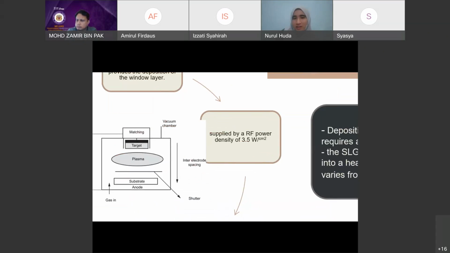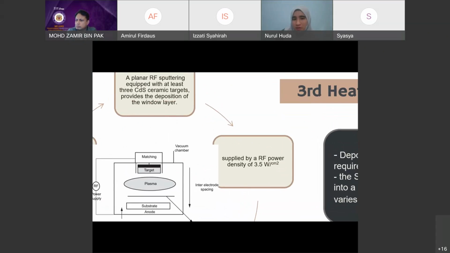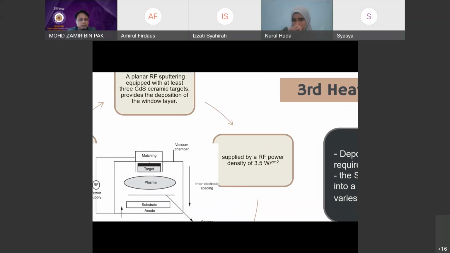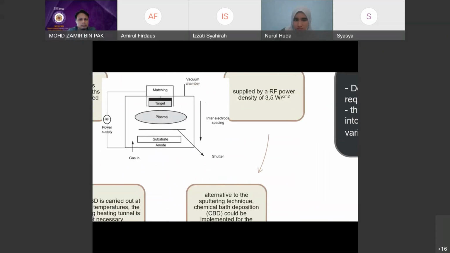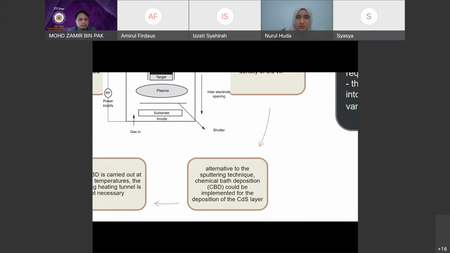Supplied by an RF power density of 3.5 watt per cm squared. An alternative to the sputtering technique is chemical bath deposition, CBD, which could be implemented for the deposition of the CdS layer.